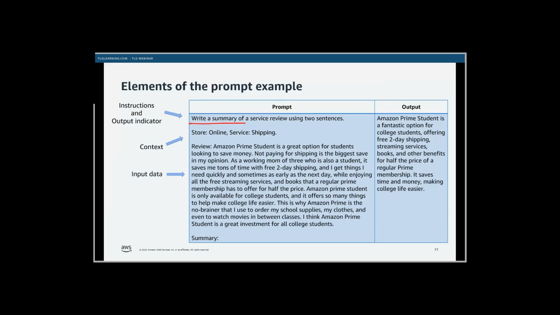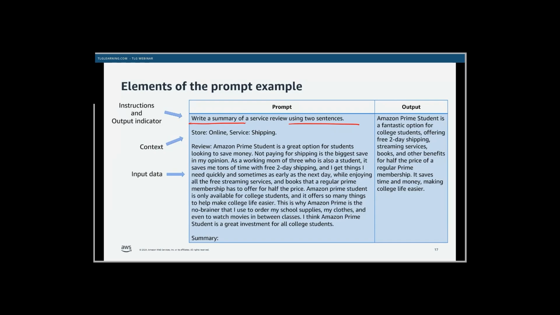And then I gave it limitations on the output indicator. I want the summary in two sentences. That's what we mean by the output indicator. You're describing what sort of output you want. You can limit it to a single paragraph, two sentences, some other format. You could put the summary in the form of a poem or something along those lines. And you can try different things with different AIs and see how it works.